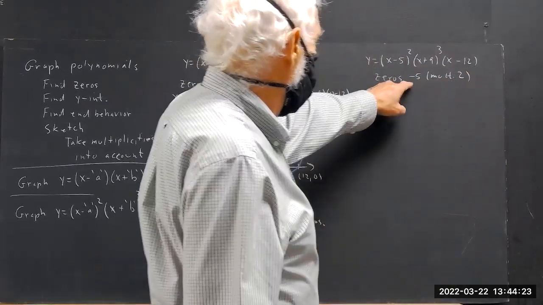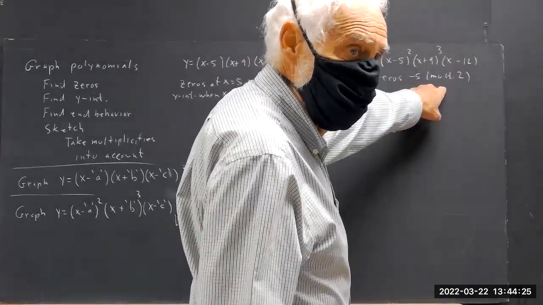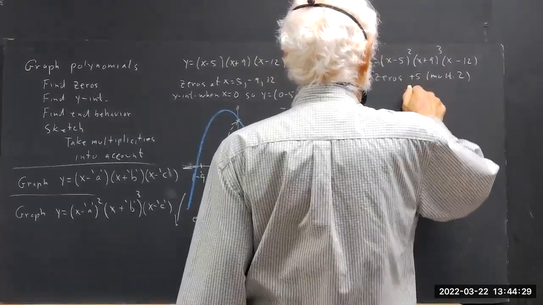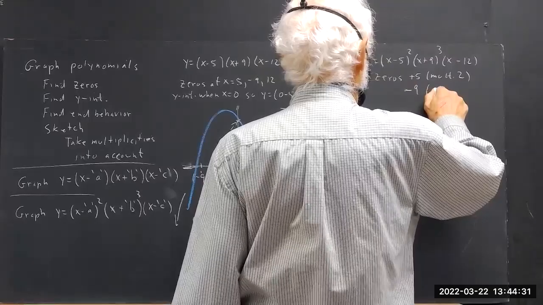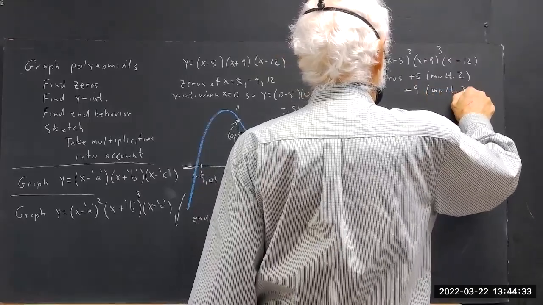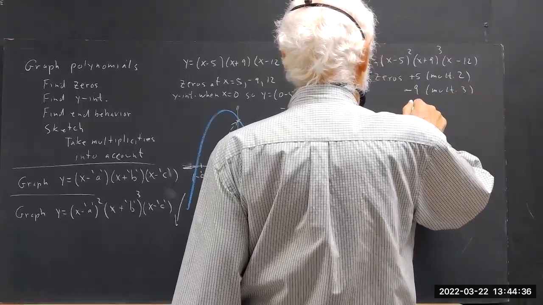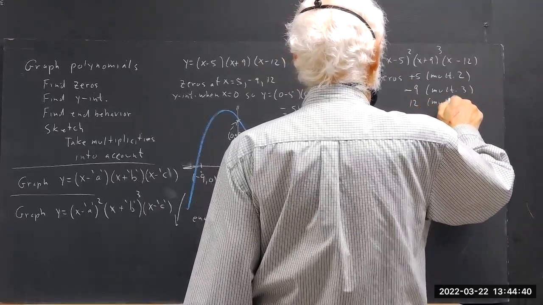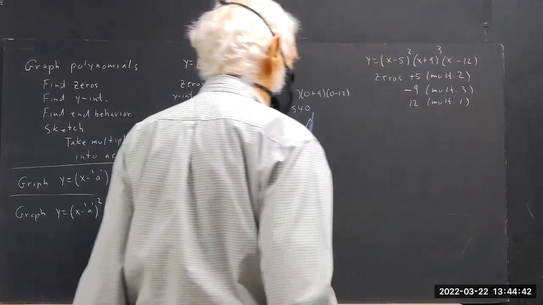We got a 0 at 5, which is multiplicity 2. At negative 9, multiplicity 3. At 12, multiplicity just 1.